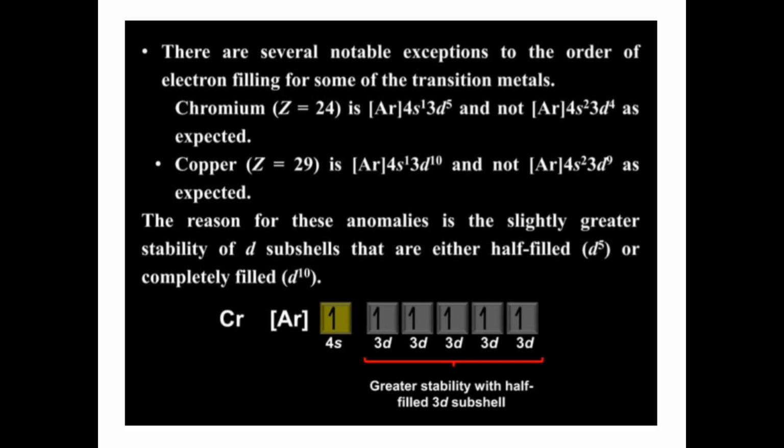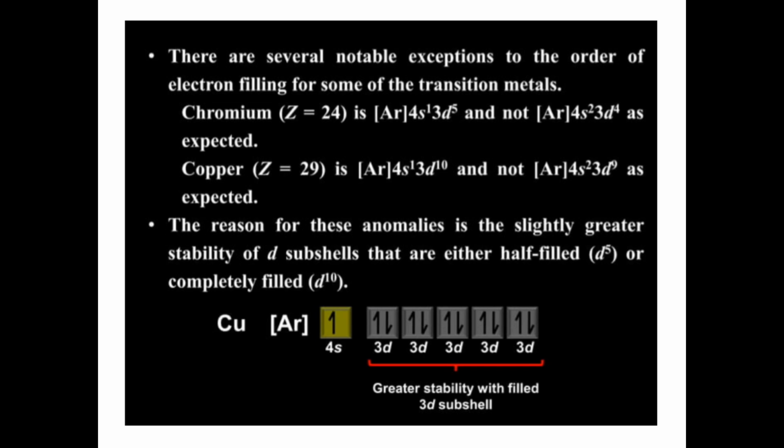Argon means 18. Then if you count the others, 18 plus 1 2 3 4 5 6 will give you 24. 4s1 3d5 are written singly, and because none is left, you cannot pair. Now when you come back to copper, which is 29, 18 plus 11, because you have 4s1 3d10, there you pair, so you are going to have 3d10 here and 4s1. So this is how to write the both of them.